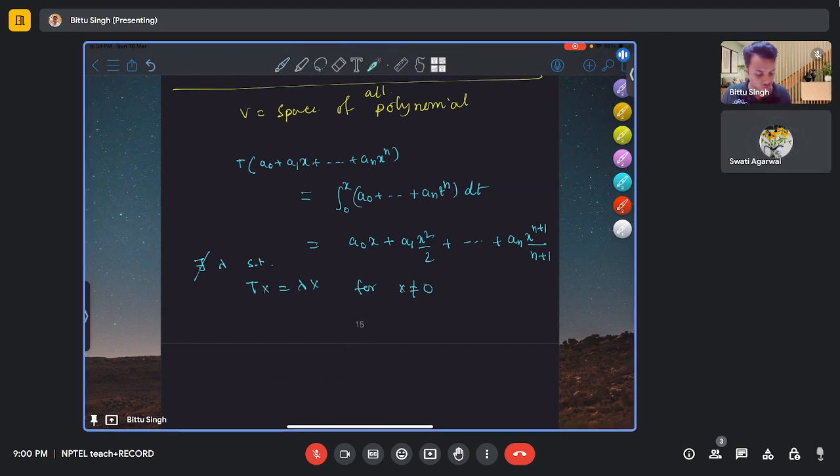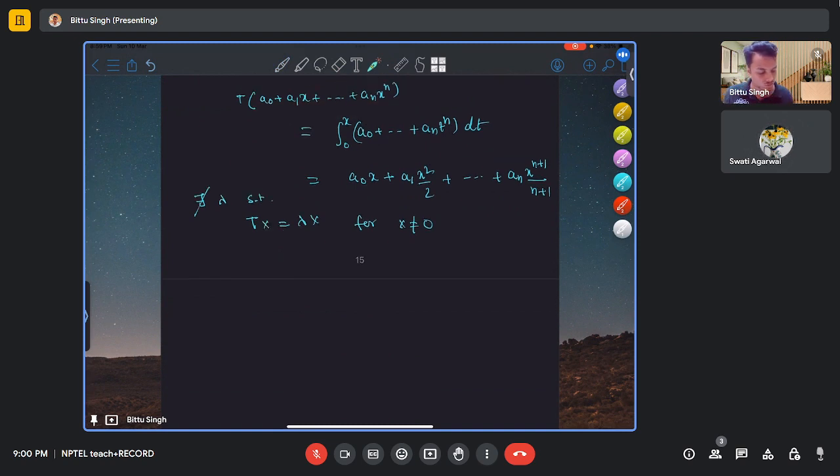You can see there is a shift of powers, right? Let us see what is wrong if we try to do this. So assume T of this vector, T of x equals lambda times x. Instead of x, let us denote it by v, otherwise it will be confusion. T of v equals lambda v, where v is non-zero.